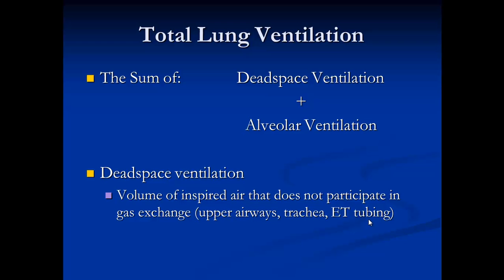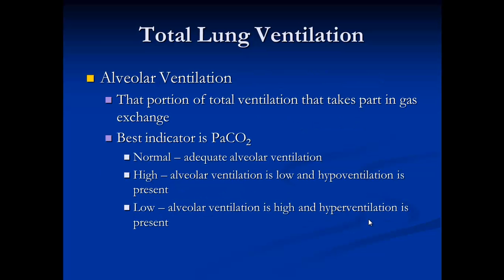The trachea, even though the ET tube is inside the trachea itself, does not participate in ventilation. So therefore, this is wasted ventilation. And the ET tubing itself, the narrower the size of the tube, or the smaller the tube size, the higher the dead space.